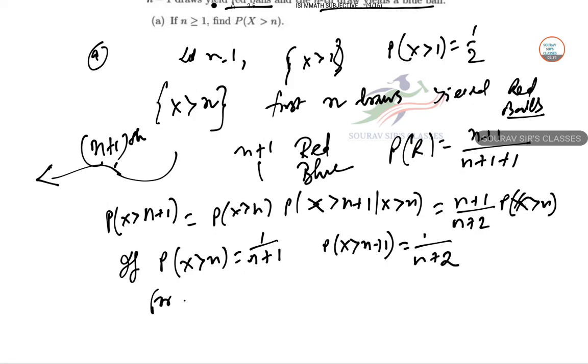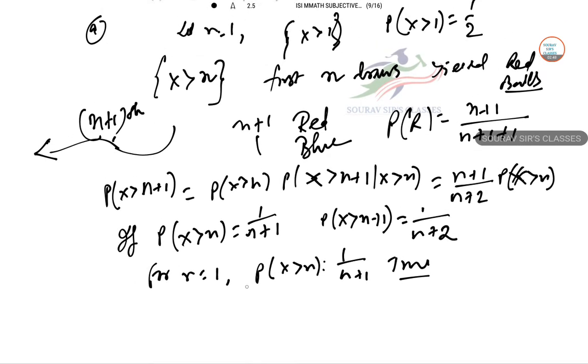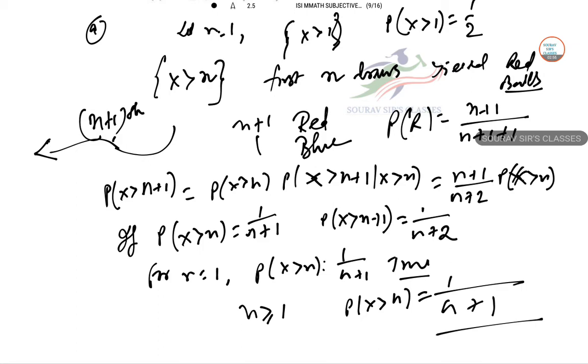Now for n equal to 1, the equality that X greater than n is 1 by n plus 1 becomes true. So for n greater than or equal to 1, which is the question, the probability of X greater than n is 1 by n plus 1.